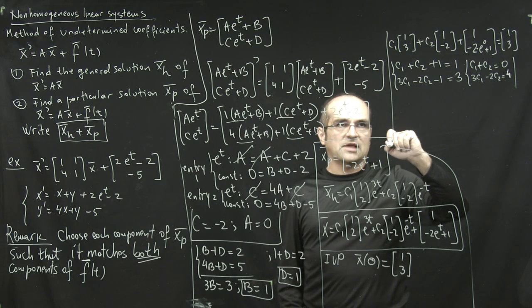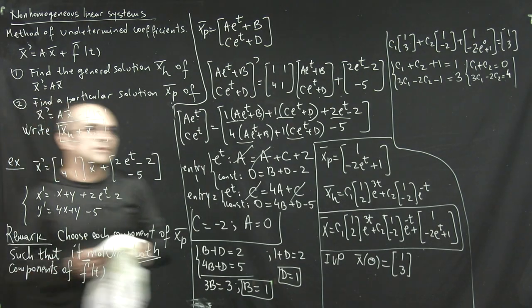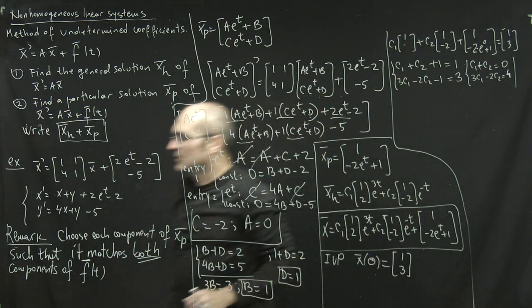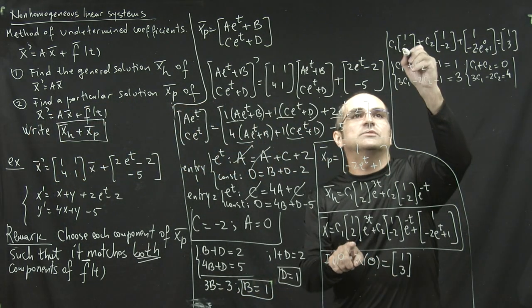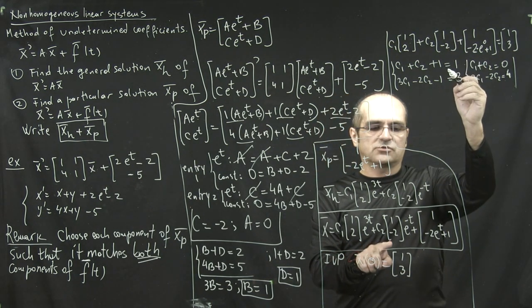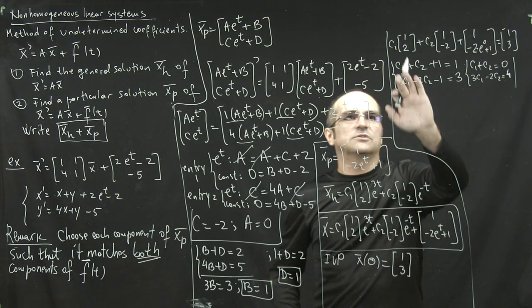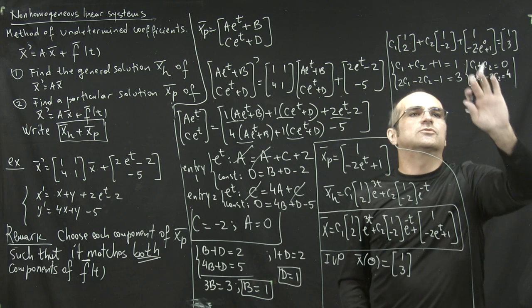I'm sorry, it's another typo here. Yeah, sorry about that. Let me fix that quickly. I put a 3 instead of a 2 for some reason. So this is C1 (1, 2), C2 (1, -2). Okay, (1, 3), that's all good. So this should be 2, and this should be 2.